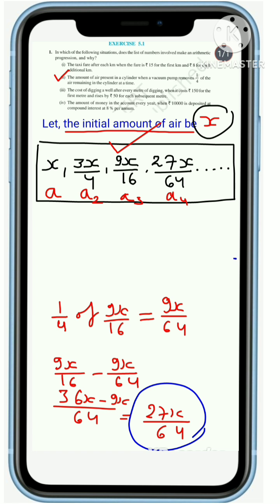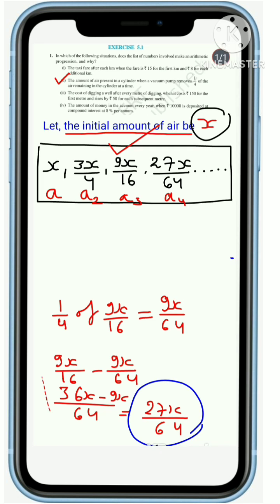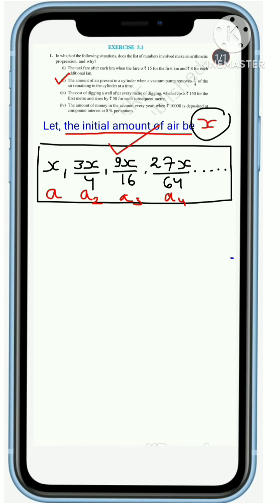For that, firstly we need to find difference between each term, right? So let's find its difference. Firstly, difference between A2 and A. A2 minus A. A2 we have 3x by 4 minus A equal to we have x.